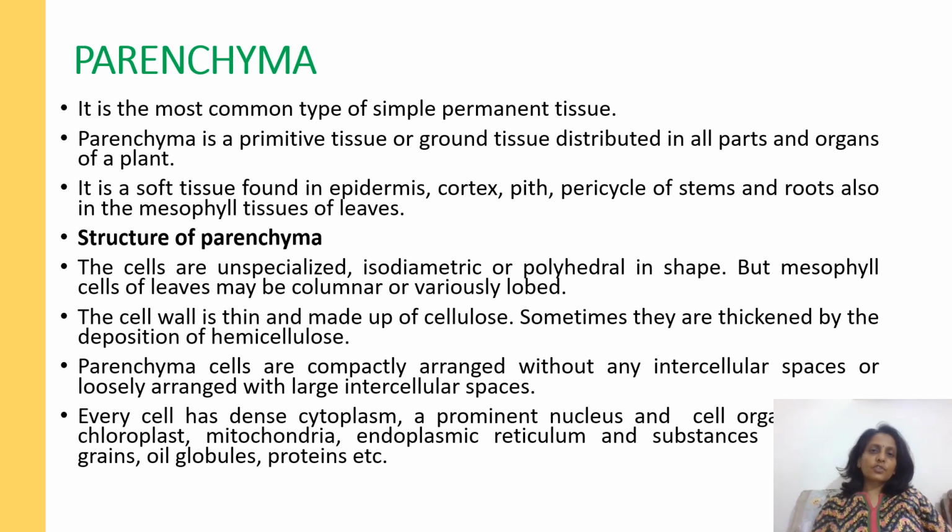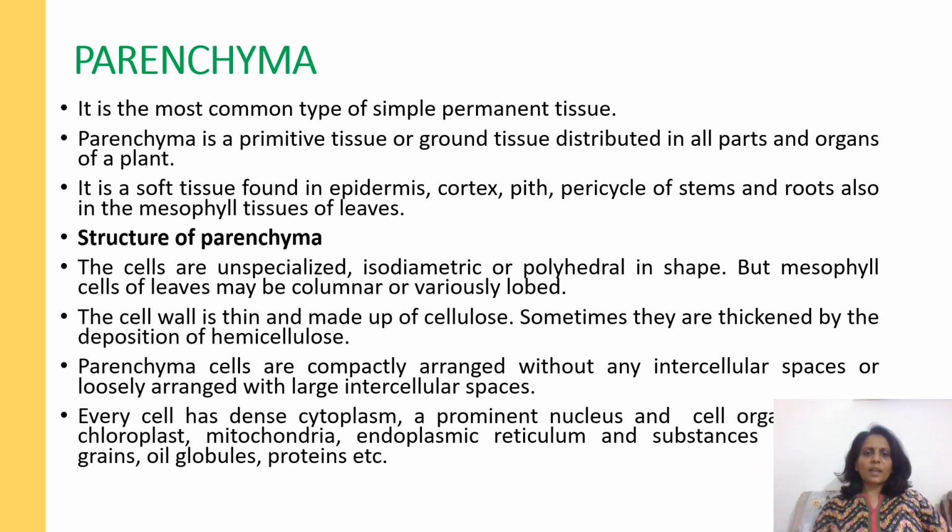If we look at the structure of the parenchyma cells, these are simple, not very specialized, isodiametric or polyhedral in shape, without much intercellular spaces between them. They sometimes could be columnar or variously lobed. The wall of the parenchyma is made up of cellulose and sometimes may be thickened by the deposition of hemicellulose.